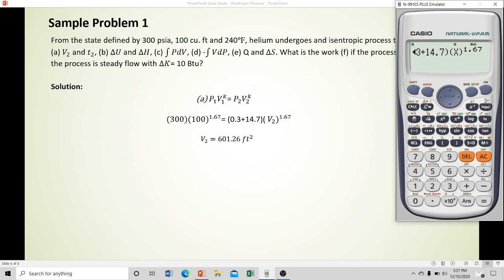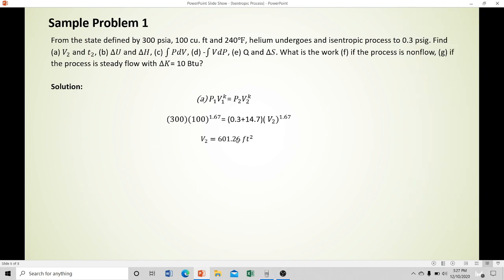Then shift solve equals. So we have this value, 600.26 feet. No, it is feet cubed. I made a mistake. So for determining the temperature 2, we have this equation.